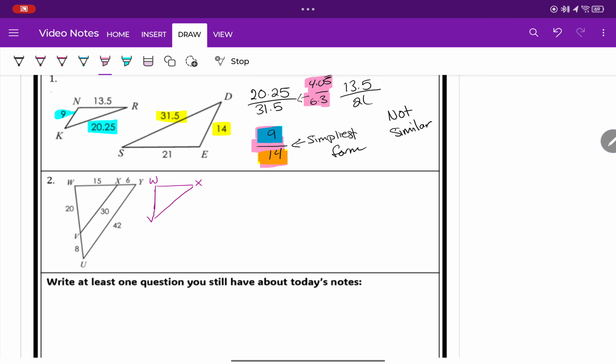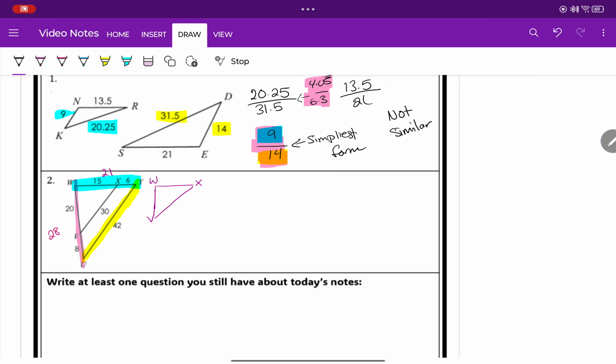It's just one big triangle. So this segment length right here is actually 28. WY is really 21. And UY is still 42.